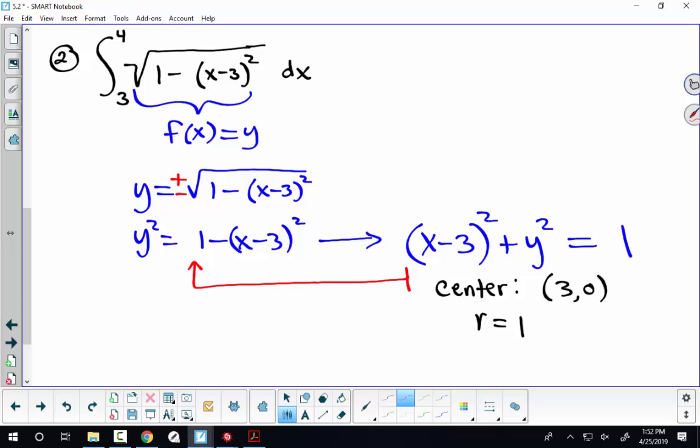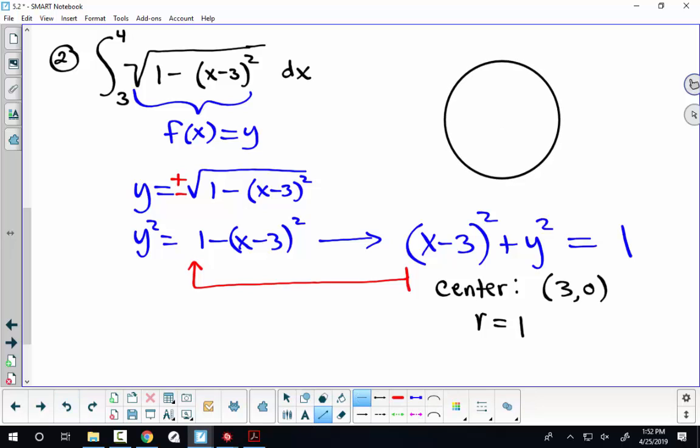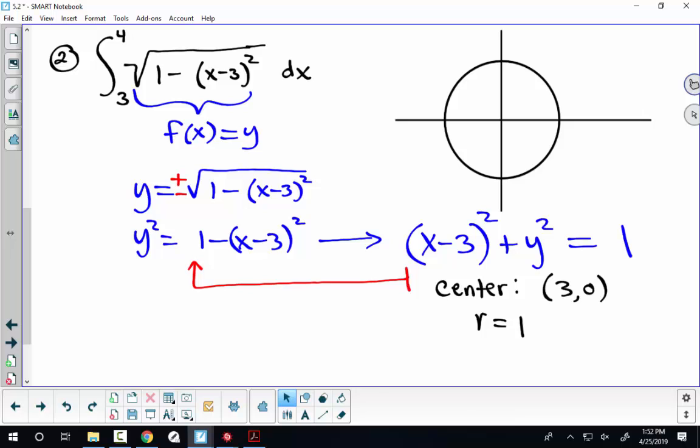So let me draw this out. So that equation is described by this function, and this one is the negative root.